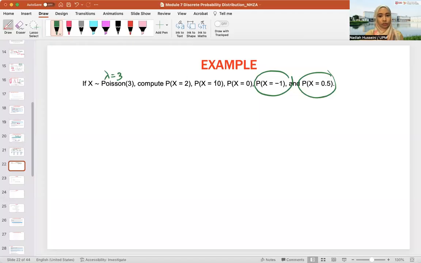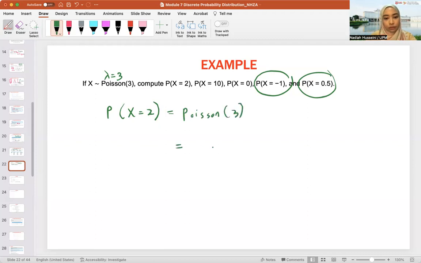Okay, so the rest, this one is simple. If we were to use the manual way, which is needed in the exam, we have to use the equation P(X = 2) for Poisson of 3.